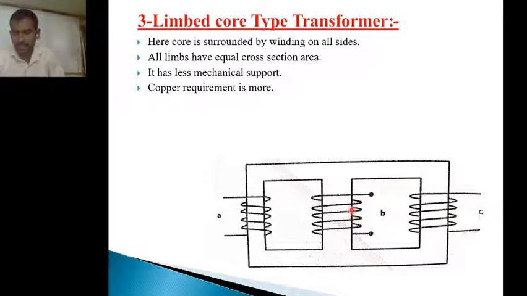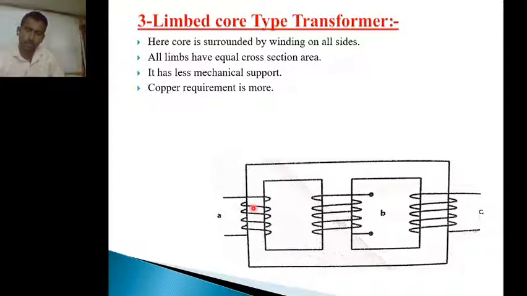Why? Because the operation of the 3 limbed core type transformer is the same as the single phase core type transformer. So there we make the LV winding and HV winding on every limb. First we provide the LV winding, and then we provide the HV winding. This is the core of the transformer, the three limbs. On that we provide the insulation for the low voltage winding.